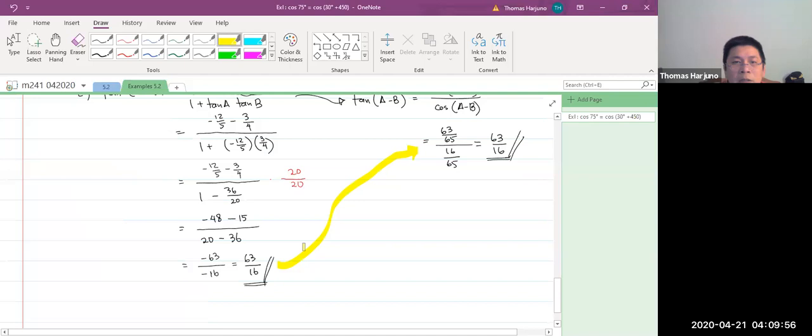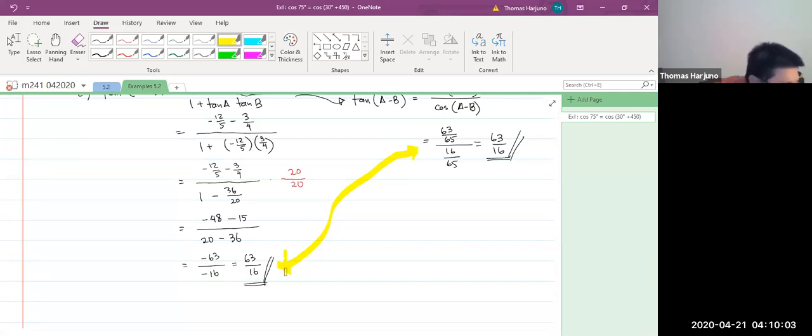You see that they're the same. Okay, that's for tangent sum and tangent difference.